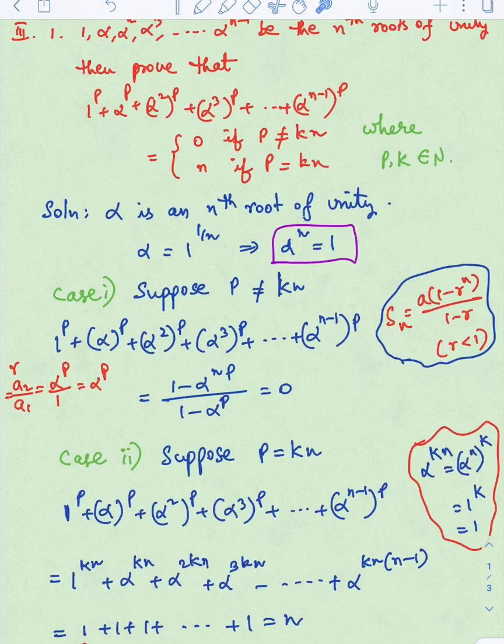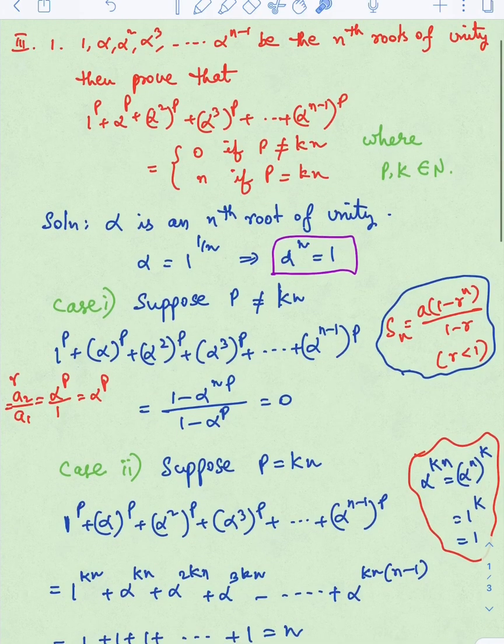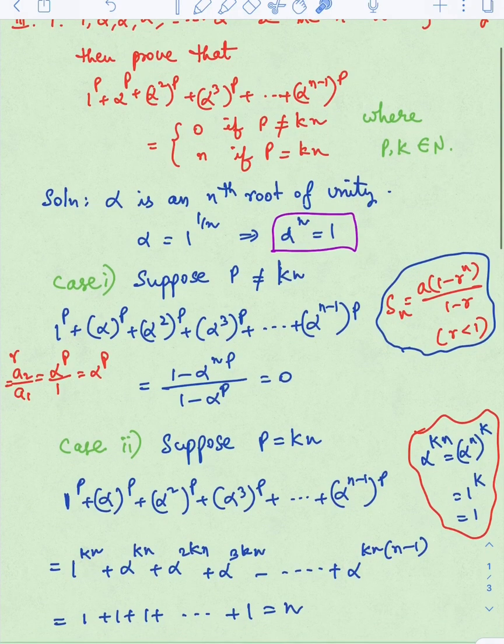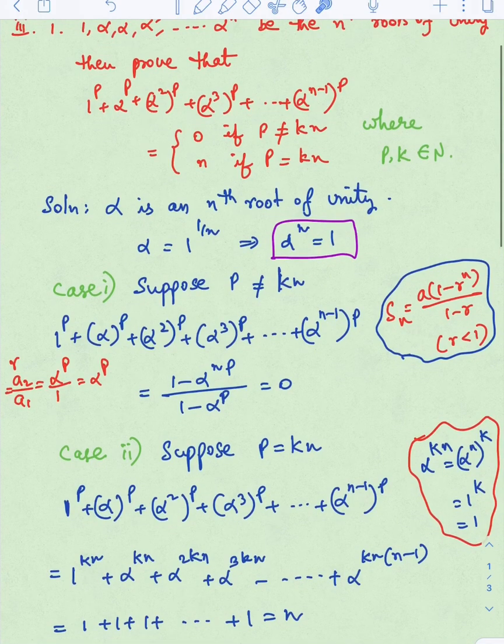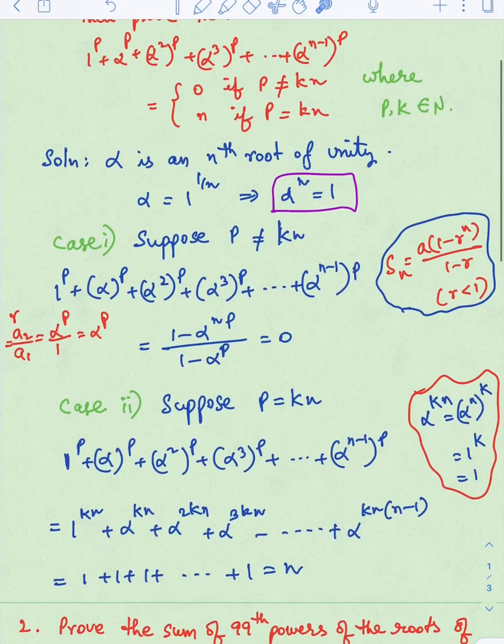Here all ones will come. How many ones are there? n. That's why 1 plus 1 plus, till n terms, that's why n. This is the proof for the second case. I think you got the point. Okay?